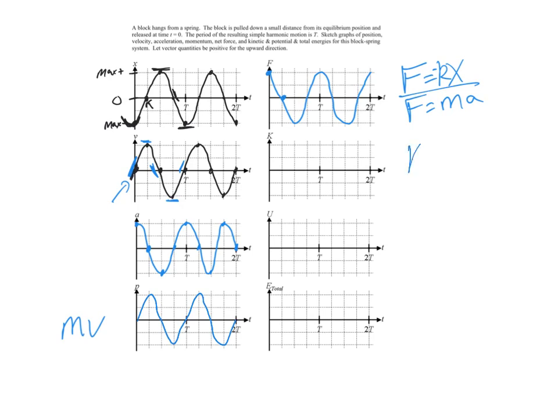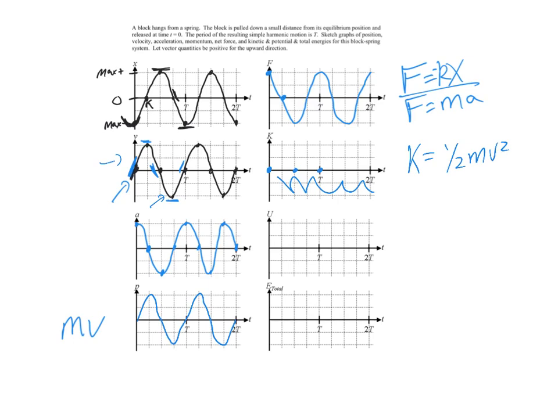Kinetic energy, if you'll remember, is equal to 1/2 mv squared. Notice that if I do 1/2 mv squared, I can't go below zero because v is squared. So even though the velocity is negative over here, I can't go below 0 because it's squared. If you square a negative, it's a positive. So rather than going up and down below the 0 mark, the velocity starts off at 0, so the kinetic energy will be 0 there, and it will be 0 whenever it gets back to 0.